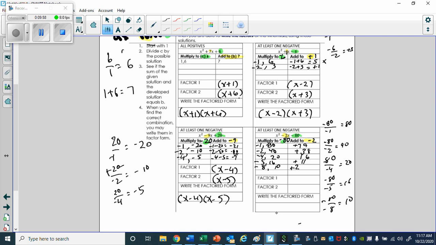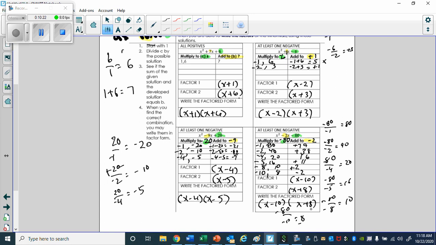Try 10. And that combines to give me negative 2. So there's my two factors. So I have x minus 10 times x plus 8. When I write the factor form, I write the quantity of x minus 10 times the quantity of x plus 8.